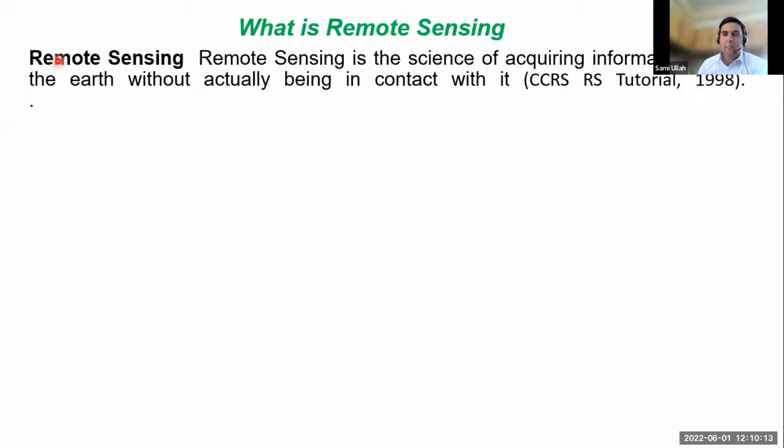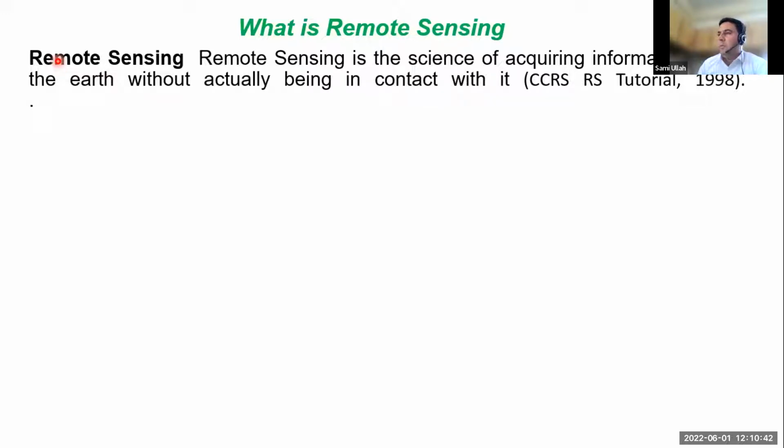Remote means you are sensing from a distance, so you are not going physically to that area or touching it. You are getting information about any area on the surface of the earth, about water, agriculture, forest, geology, humans, about everything remotely.